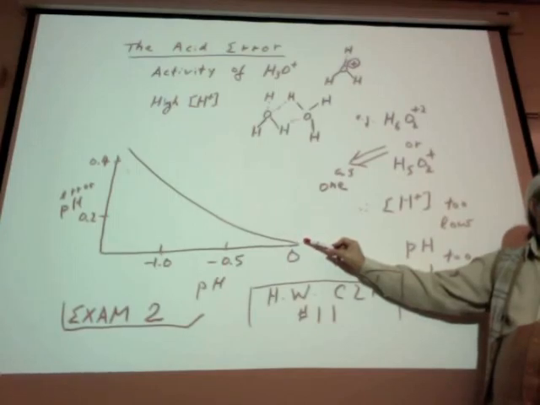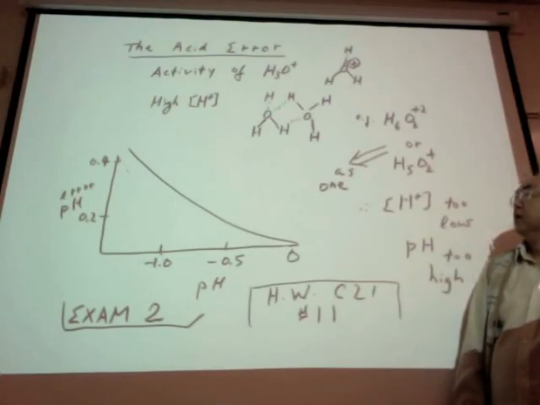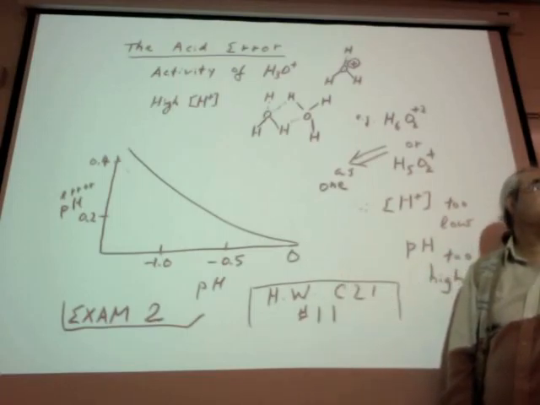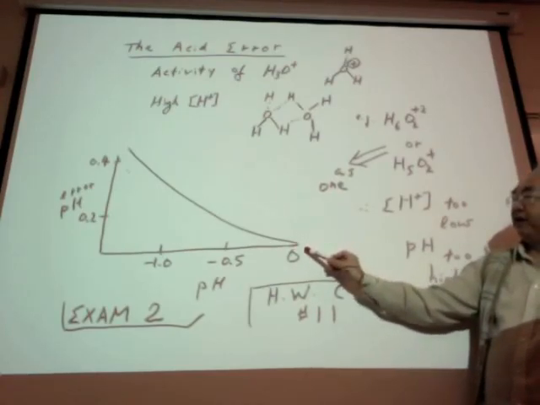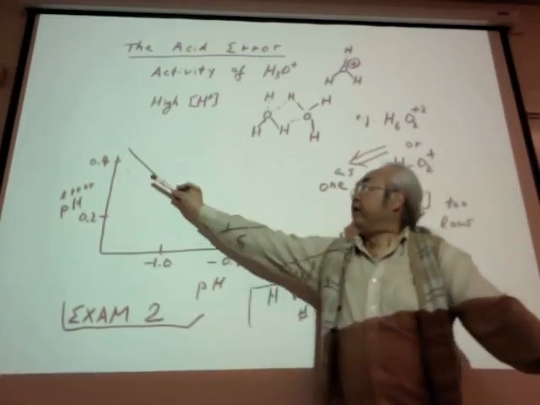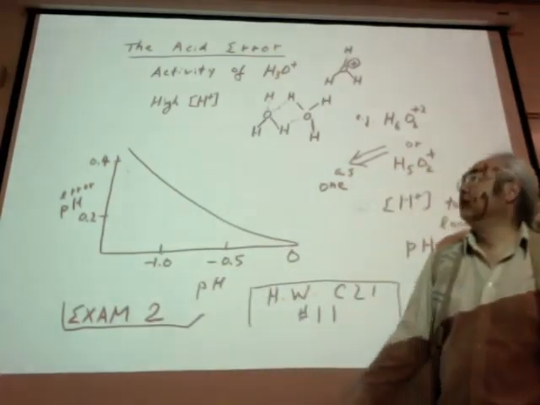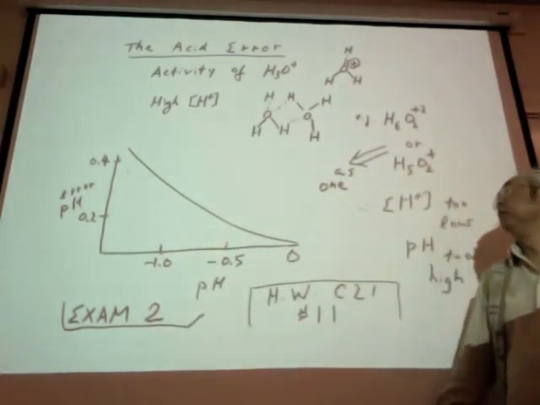You rarely see pH minus 0.5. In general practice, this is something you don't have to worry about because you don't measure pH lower than 1 anyway. But whenever it's lower than 1 or even 0, then you get this kind of error. A pH reading error would be like that for pH less than 1.